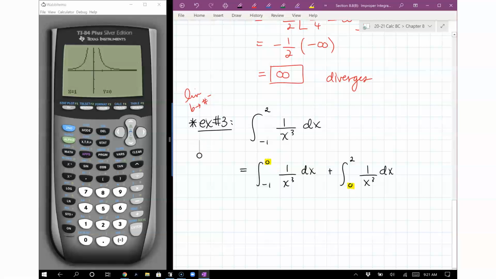This is where the thing's going to mess up. And I do that on purpose so that I can use my limits to help me do the work. So the first integral, I'm going to write limit as b approaches 0 from the left.